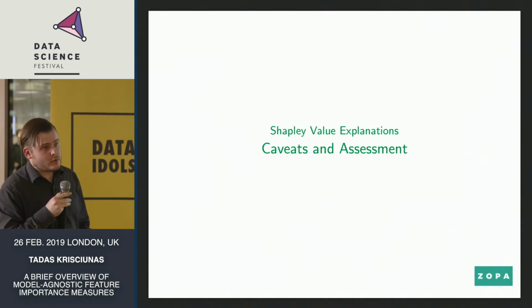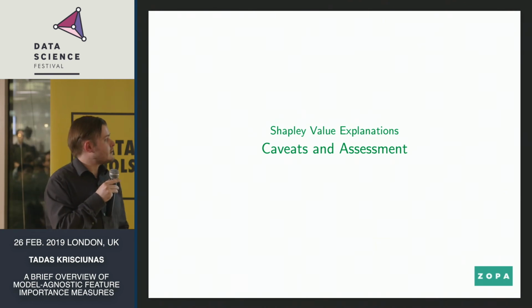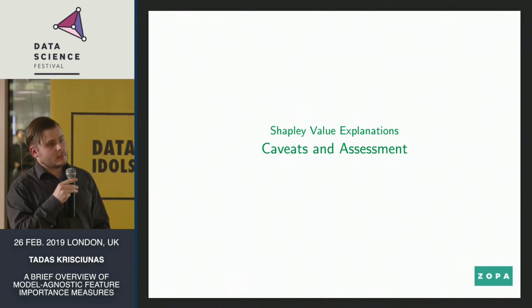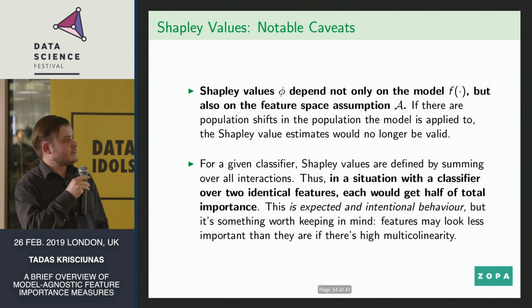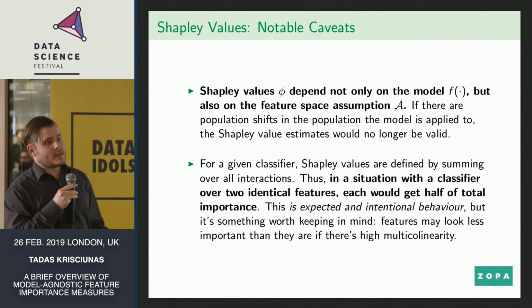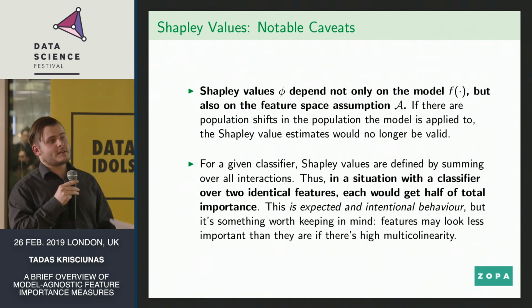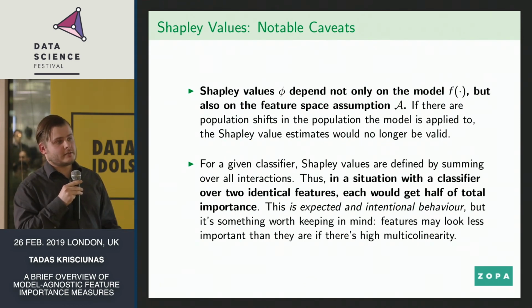So to move towards the end, let's just summarize the caveats and the advantages of using Shapley values. Well, first of all, we have to understand that Shapley values still depend on the assumption of the population. So we are still having an assumption of the feature space present.